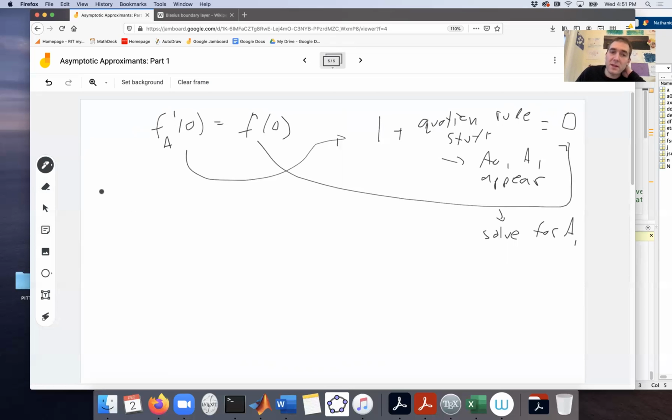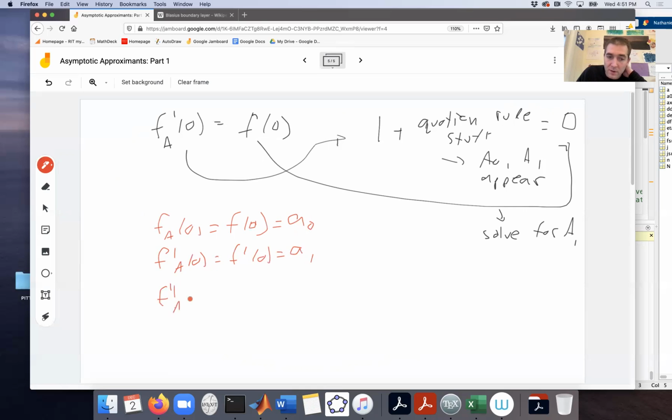So then basically you end up with a system of equations. To find the capital A's, you're doing exactly this. You're saying f a of 0 equals f of 0, and that equals a sub 0. The first derivative of f a at 0 you want to equal f prime of 0, and that's a sub 1.